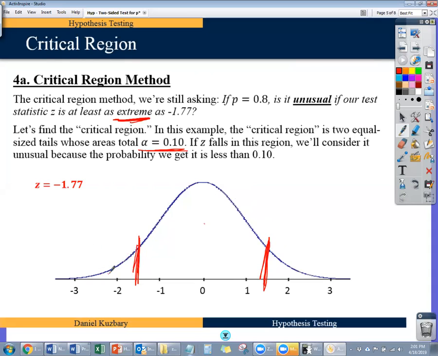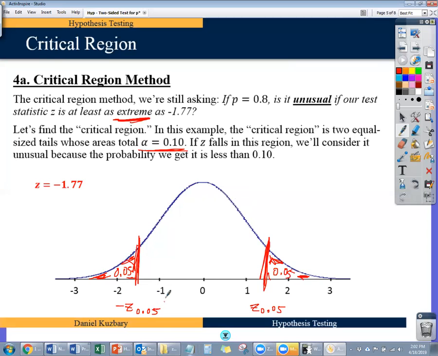So that means this area has to be 0.05, and this area also has to be 0.05. So that's going to be our critical region. Then there's a value here, we'll call it Z.05, that marks off this upper 5%, and the opposite of that number marks off the lower 5%.